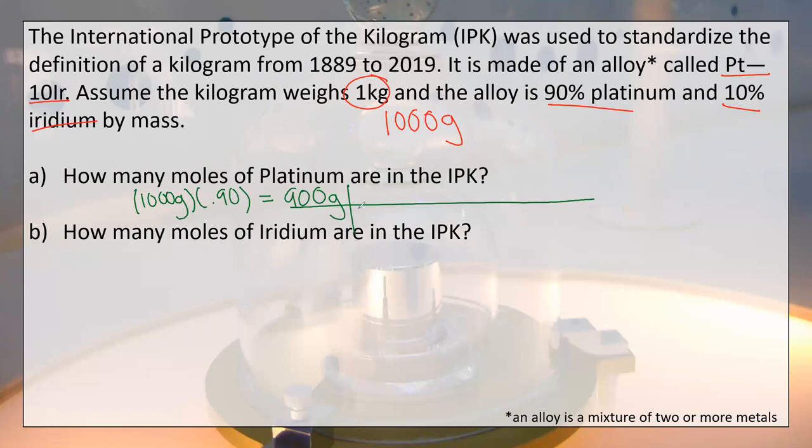Z is the atomic number, and the atomic number is 78, but a mass of 195.1 grams per 1 mole equals, cross out grams of platinum, 900 divided by 195.1 is 4.6 moles of platinum.